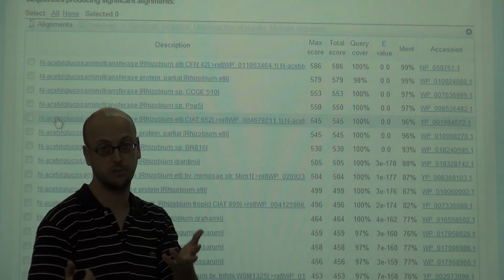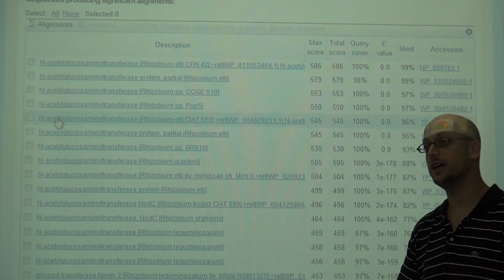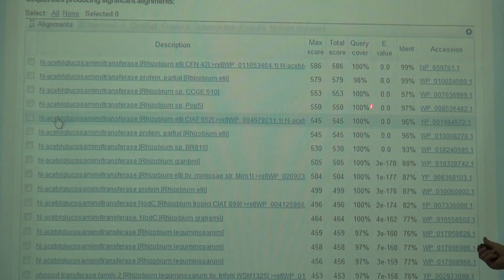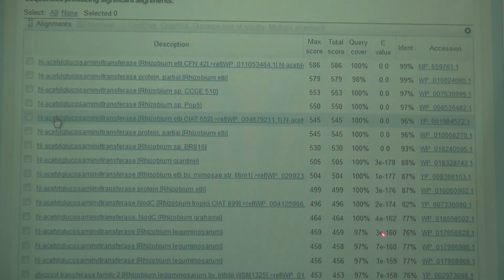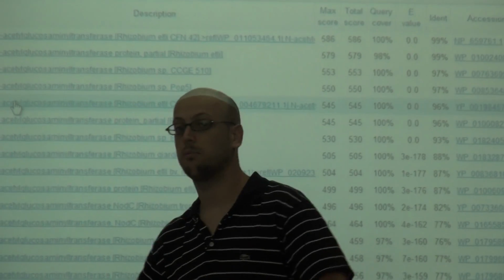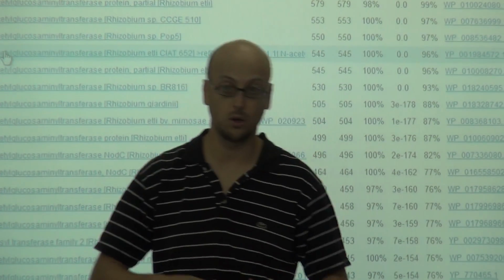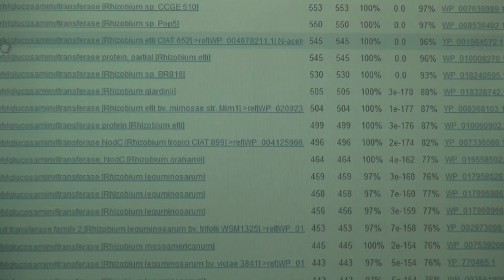It could be more similar, it could be less similar. You have to say it is similar with an e-value of 0, with an e-value of 10 to the minus 160. You have to say, my sequence looks like this sequence, and this is the e-value.